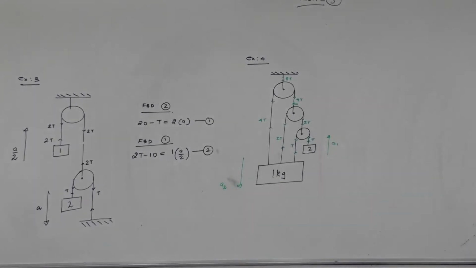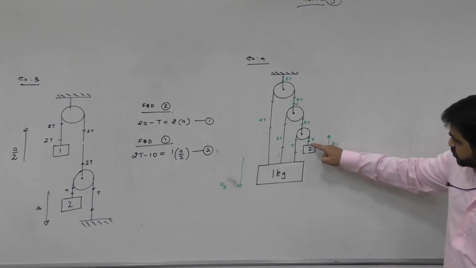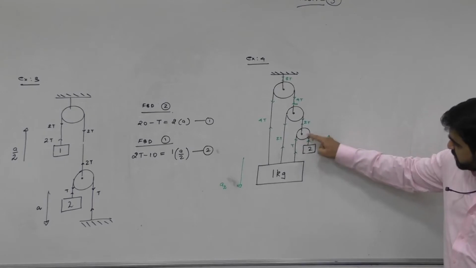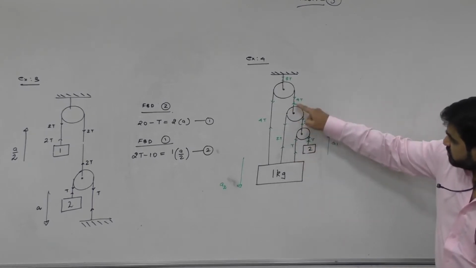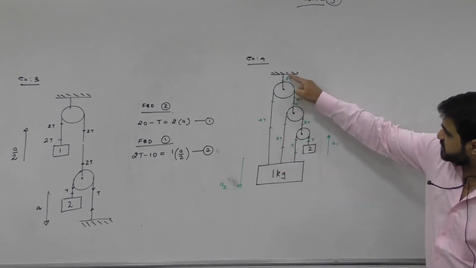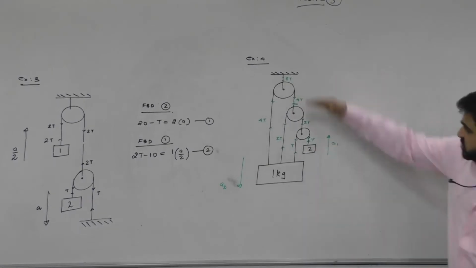Now listen, please pay attention over here. I started from here with T, so T will become 2T, 2T and 2T will become 4T, 4T and 4T will become 8T. This is not required, I've just written it here because the ceiling is not moving.